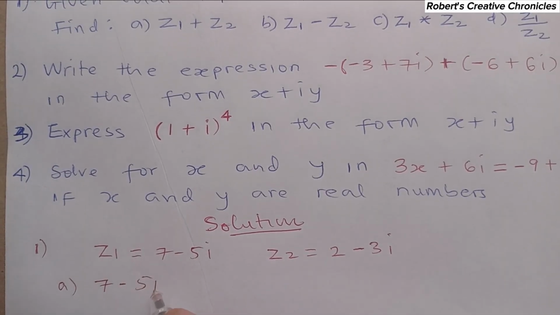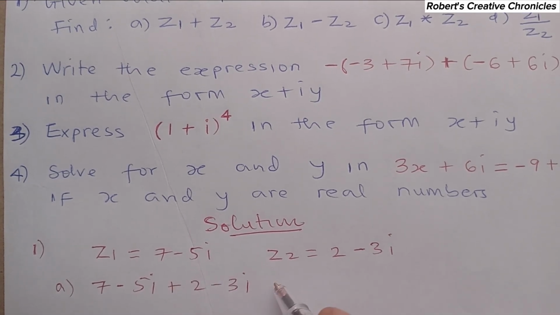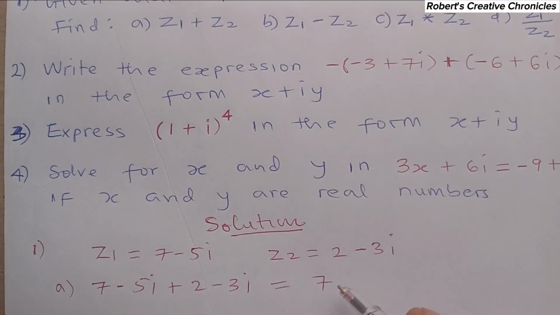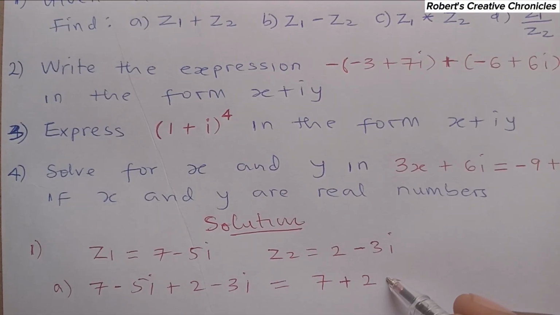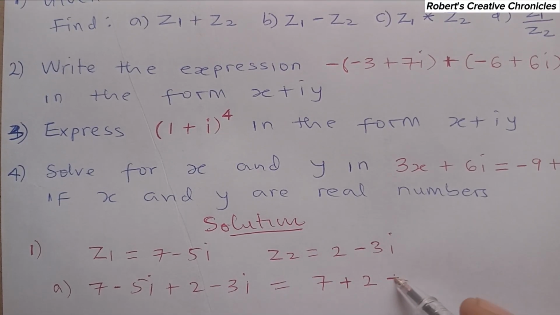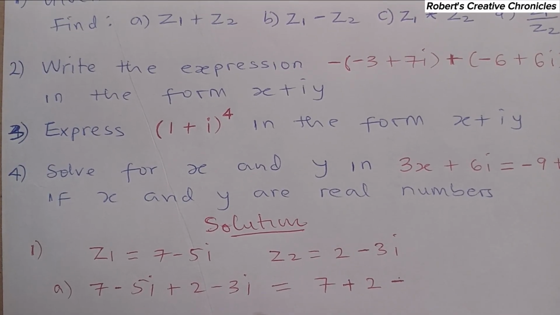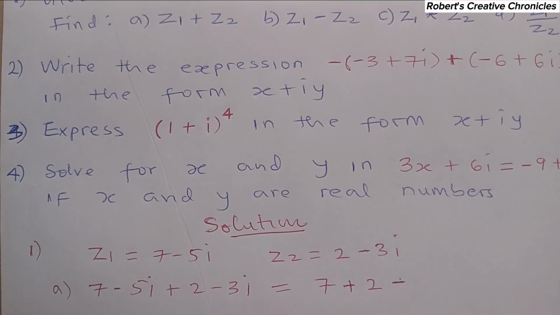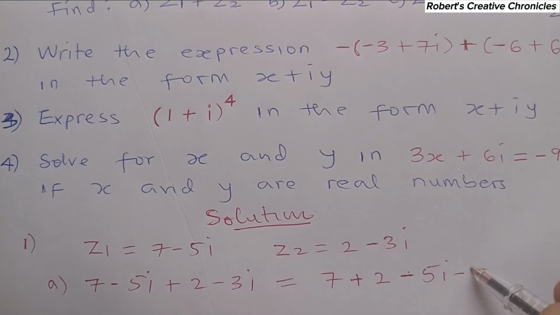So 7 minus 5i plus 2 minus 3i. We'll add the x component, 7 plus 2, and then we'll add the y component, which is the imaginary component. And this x component is the real component. 5i minus 3i.